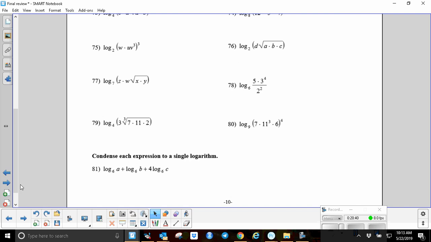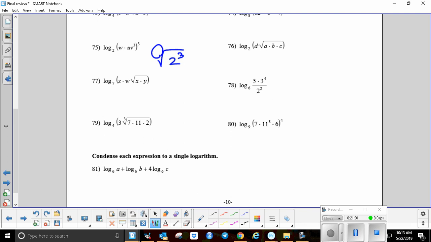A lot of you, when you see a radical, you panic. Guys, review. Let's say I have a square root of 2 to the power of 3. If I don't have a number here, it means I have a square root. It can be written as 2 to the power of 3 over 2.